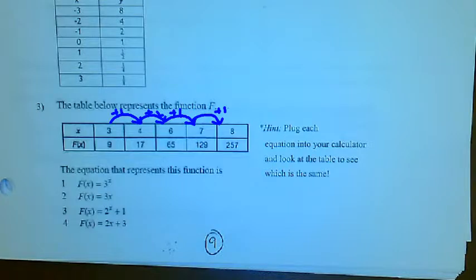Okay, these are clearly not going up by the same amount by adding, so it's got to be multiplication or a mixture of both. So the first thing I'm going to do is cross off 2 and 4 because they're linear. The reason they're linear is because they're in y equals mx plus b form, first of all. But also remember, an exponential function has to have an x in the exponent. Okay?